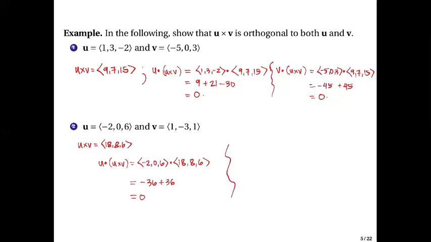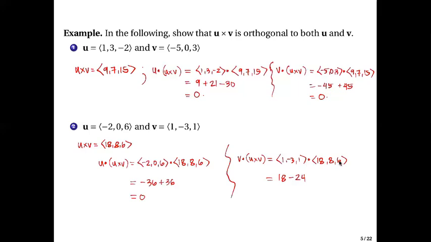And then for the other one, you have V dot U cross V. And our V is 1, negative 3, 1. Then dot it with 18, 8, 6. Here you will get 1 times 18, that's 18. Negative 3 times 8, that's negative 24.